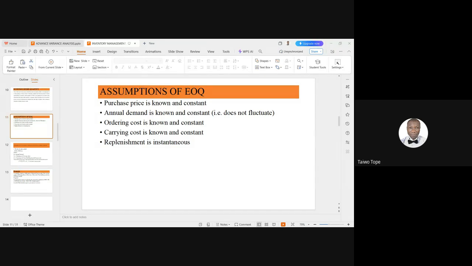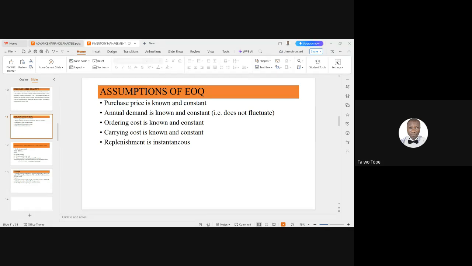Now, there are two basic approaches to solve questions on economic order quantity: the algebraic approach and the graphical method. For the purpose of this class, we hold on to the algebraic approach, which I believe most of us should know.